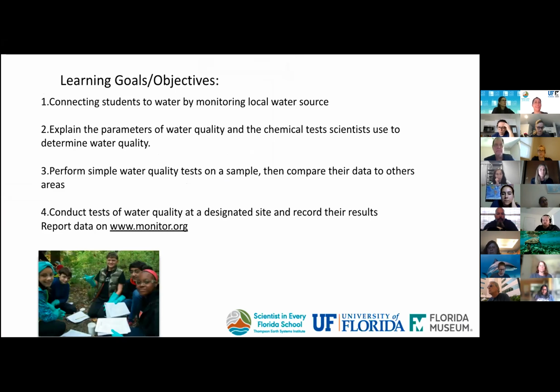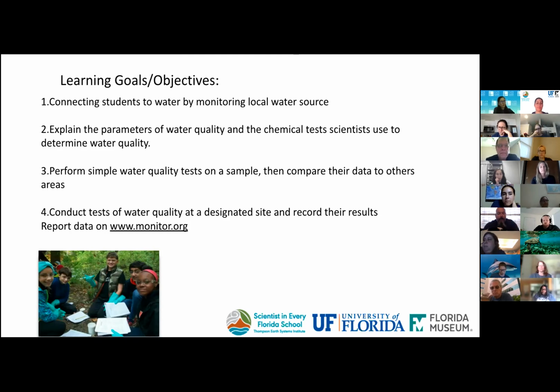Okay, and the learning goals and objectives that we came up with for this particular lesson: connecting students to water by monitoring a local water source. Explain the parameters of water quality and the chemical tests that scientists use to determine water quality. Perform simple water quality tests on a sample, then compare their data to other areas in the country or the world, perhaps.